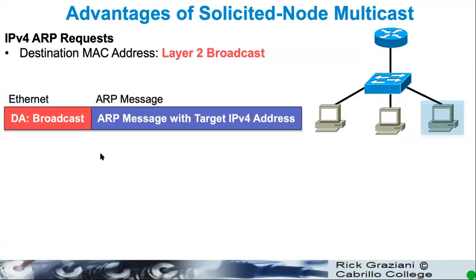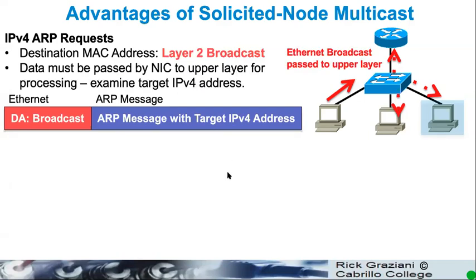We can actually see what this looks like. Here's the IPv4 ARP request. Okay, it's a broadcast, no IP involved, sent out and processed. Because of the broadcast, all devices actually have to process it. All the NICs accept it. All the devices' ARP process has to look at the target IPv4 address.